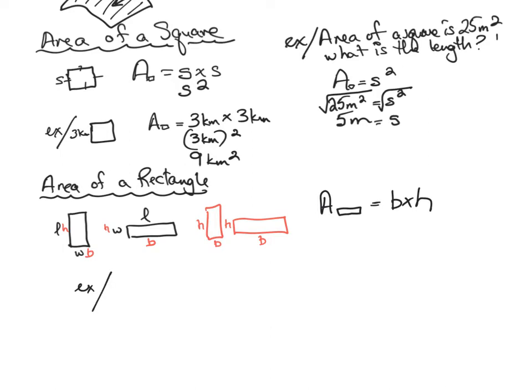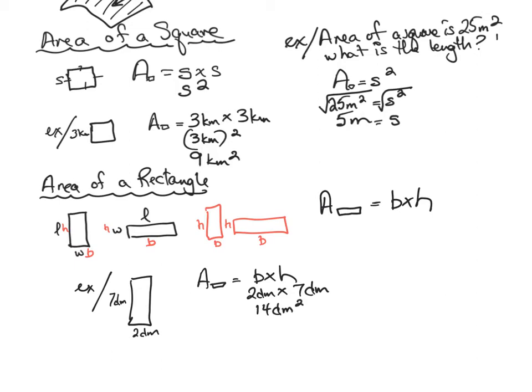Example. If I have a rectangle and I know that the height is 7 decimeters and the base is 2 decimeters, then the area of my rectangle equals base times height, 2 decimeters times 7 decimeters equals 14 decimeters squared.